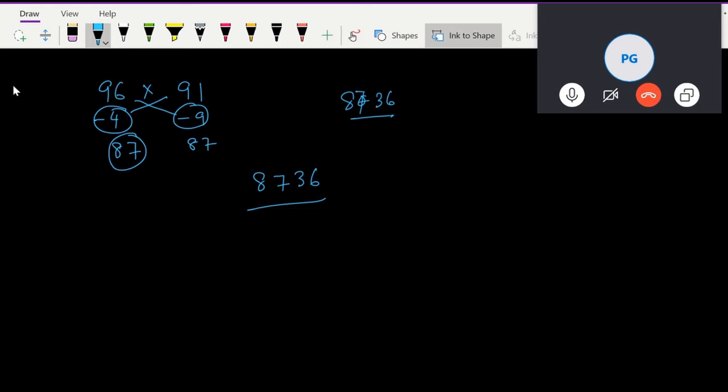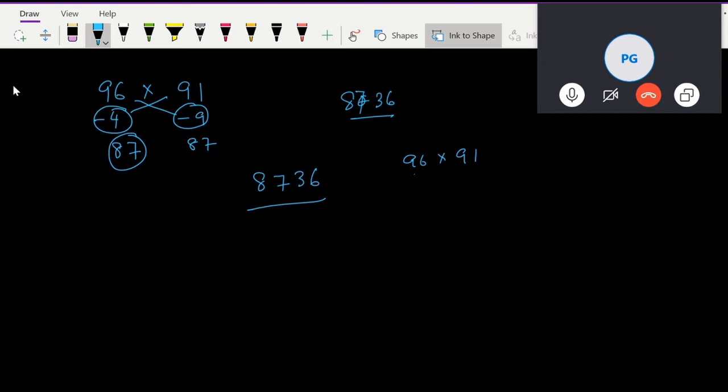Make sense? So can you please repeat once again? Yes. So 96 into 91. We started off with this, right? So you can do this with numbers which are close to 100. I'll show you a different technique which you have to follow for other numbers. So if numbers are close to 100, then what you do is see how close they are to 100.